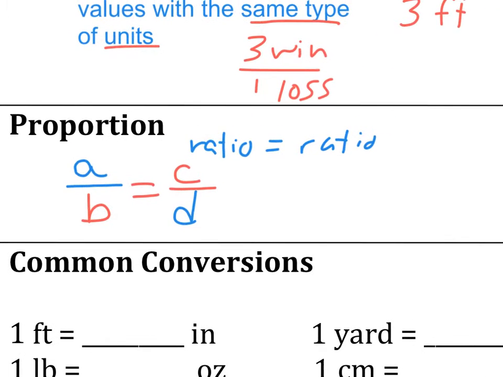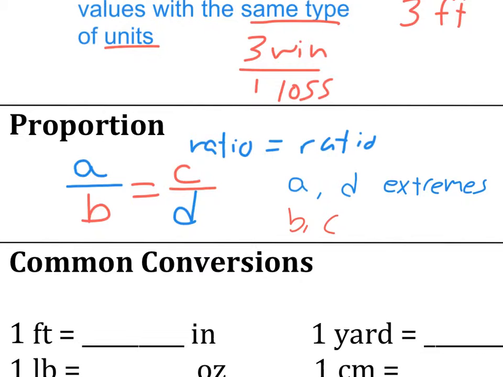Yay for color coordination. Why? Because the A and the D, in the position that they are, this is the first one you come to and this is the last one, those two are called extremes. They actually have names. And the B and the C, and we're not saying B times C, I'm just saying the B and the C.